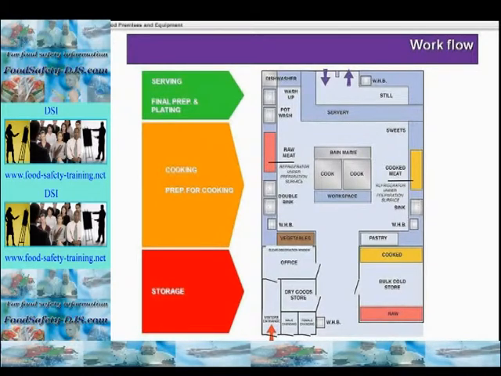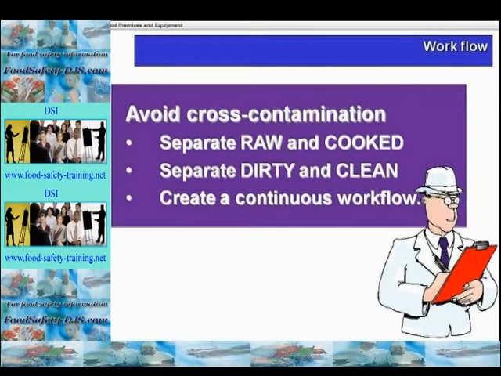Provision of services, for example gas, electricity, water and drainage, and also the use of standard size equipment. The main premise for operating a linear or continuous workflow is to avoid cross-contamination, and this can be done by separating raw and cooked and separating dirty and clean.